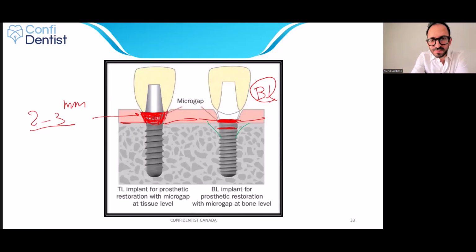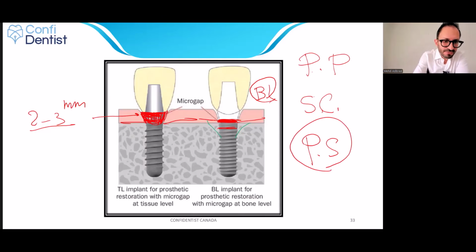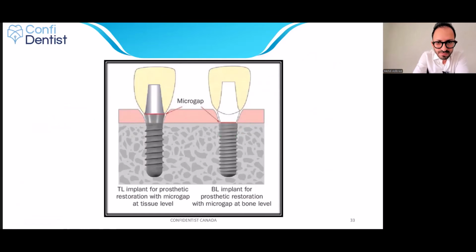So first, prosthetic platform. Second, a smooth scalar. Third, platform switching. If I have platform switching, that's a guarantee that this is a bone level implant. If I don't have platform switching, it may be bone level, it may not.